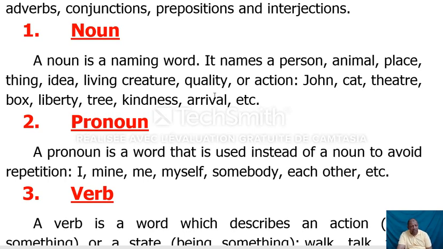Now we move to pronouns. What's a pronoun? A pronoun is a word that is used instead of a noun to avoid repetition. Which means that nouns and pronouns are interchangeable. For example, if I say Hamid is a teacher, I can replace Hamid using he.